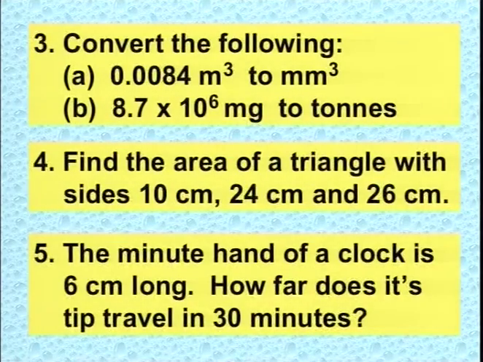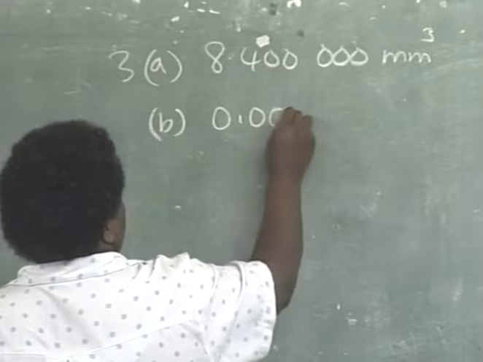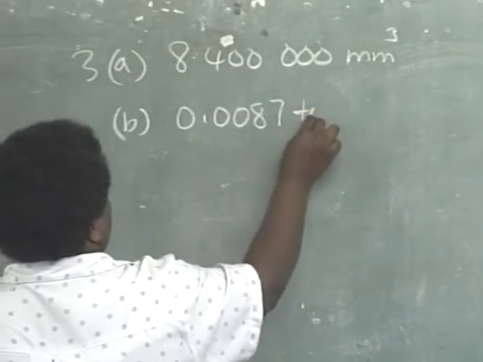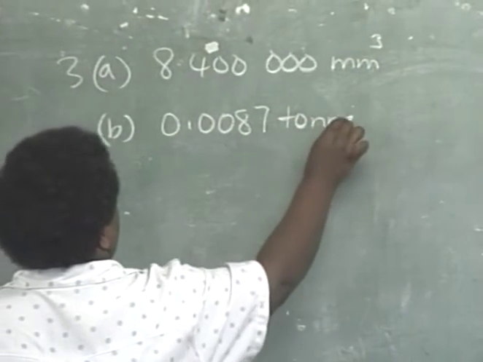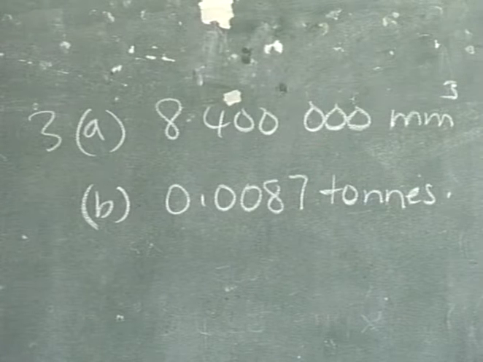Letter B, Andrew. 8.7 times 10 to the power of 6 milligrams to tons. 0.0087 tons. Is that correct?